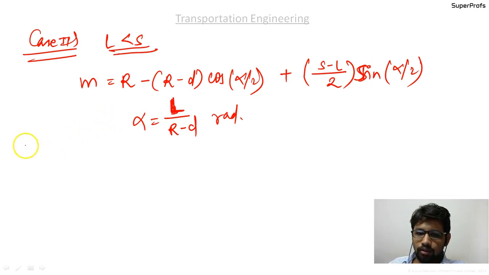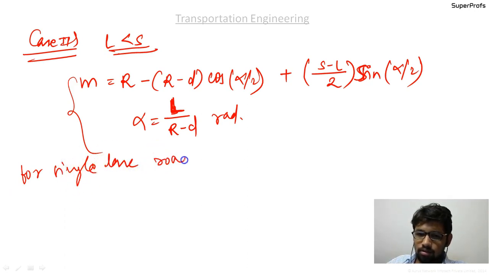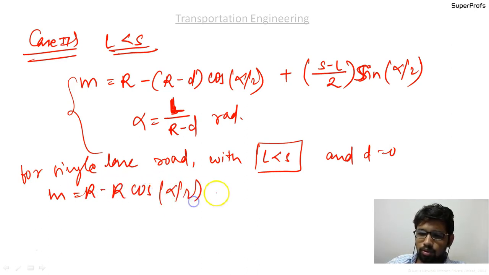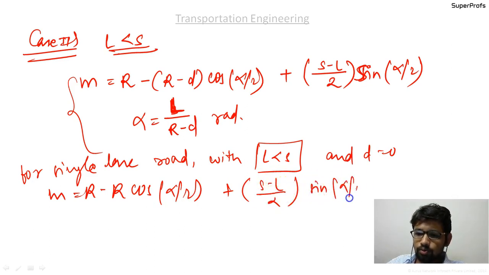To check whether this formula is correct or not, check it for a single lane road with L less than the stopping sight distance and d equal to 0: m equals r minus r cos of alpha by 2 plus s minus L by 2 sine of alpha by 2, where alpha equals L by r radian.